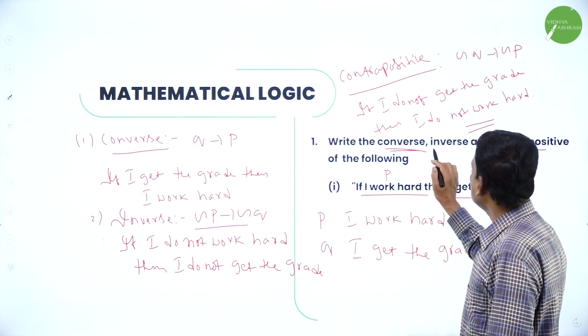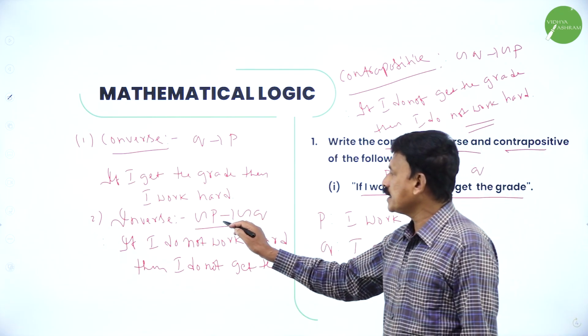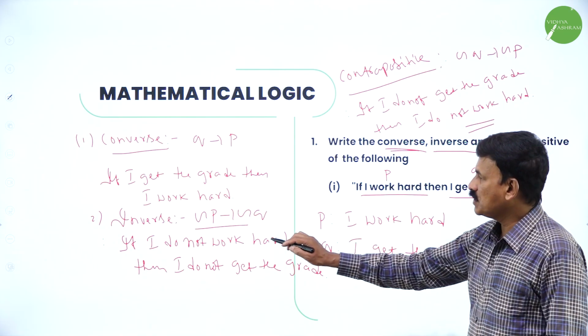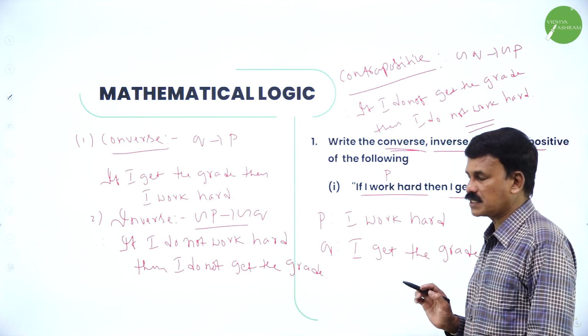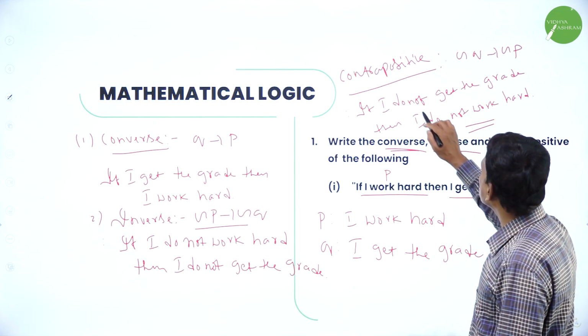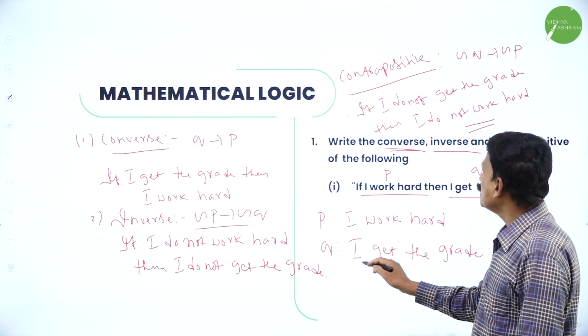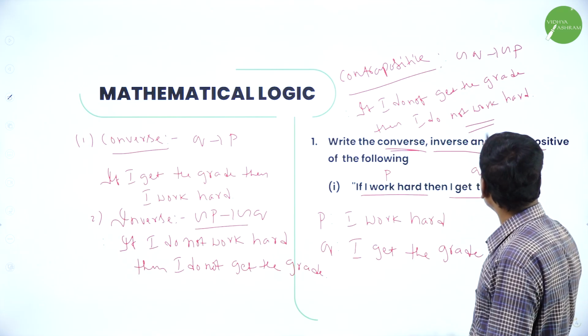Next, inverse is nothing but negation P conditional to negation Q, that is, if I do not work hard, then I do not get the grade. Next, contrapositive is nothing but negation Q conditional to negation P: if I do not get the grade, then I do not work hard.